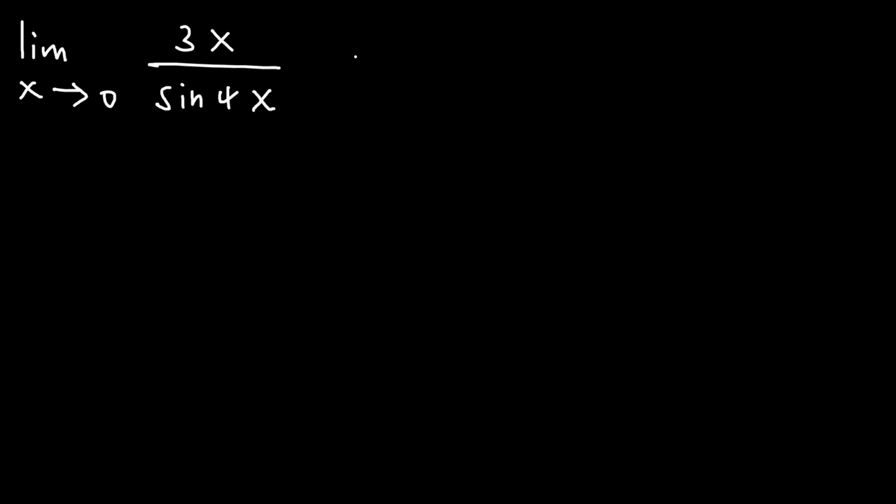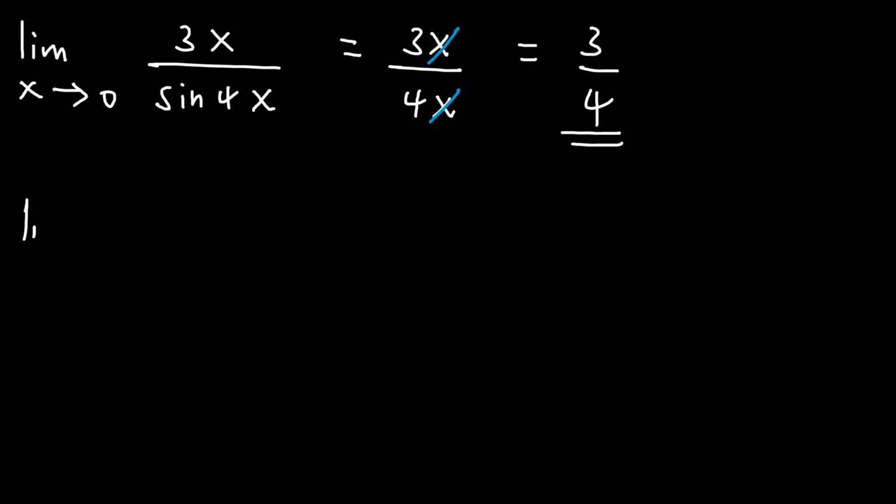Okay, you try out this. Solve the limit as x approaches 0 of 3x divided by sine 4x. Now once again, this will be equal to 3x divided by 4x, and this will cancel with that. And so we shall remain with 3 divided by 4. And if you want to show your working, you would have the limit as x approaches 0 of 3x divided by sine 4x.